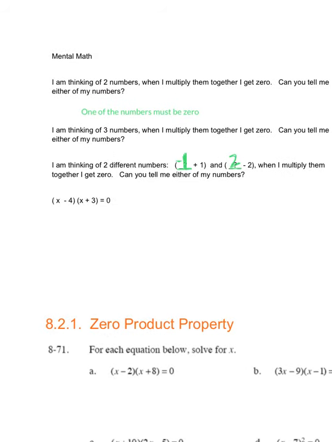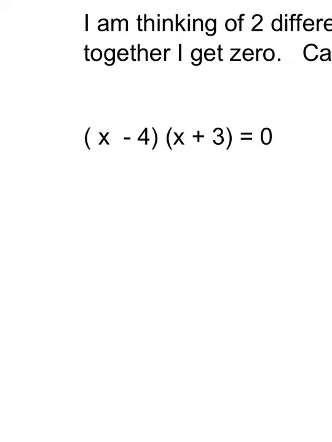So here's the last one. When I have these sets of parentheses, x minus 4 and x plus 3, what numbers can I put for the x's so that when they're multiplied, I get 0? Well, one option is +4, because 4 minus 4 would make 0.